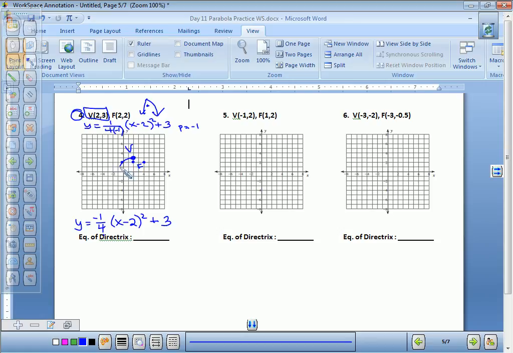When you double P, that tells you where those other 2 points go. Now, this was 1 unit, so the directrix will be 1 unit on the other side. 1 unit away is y equals 1, 2, 3, 4. Get it? Yes. Okay.